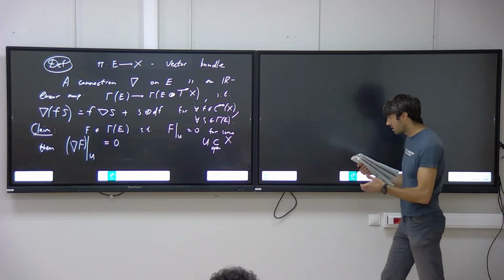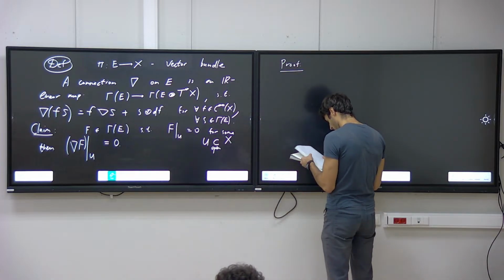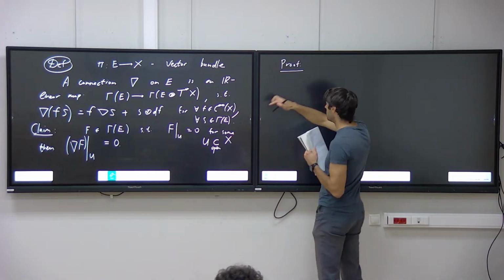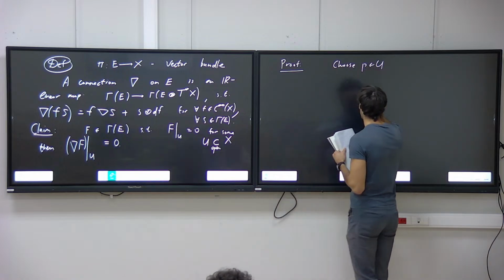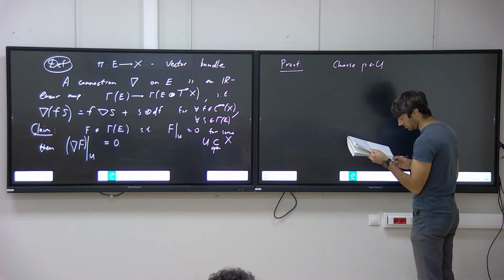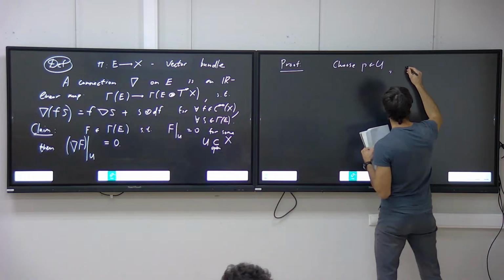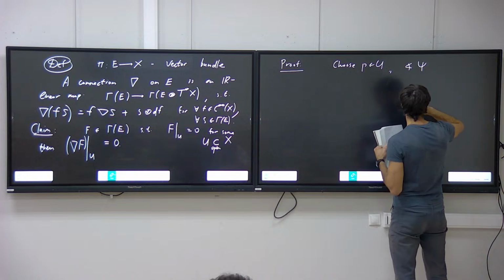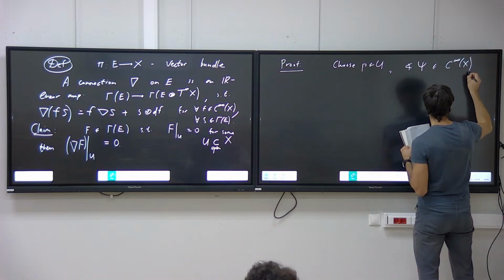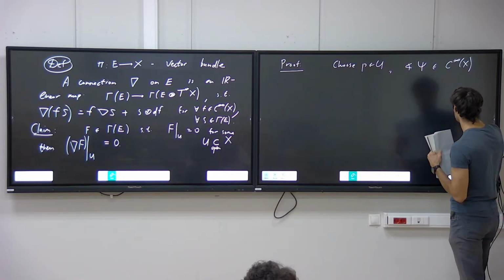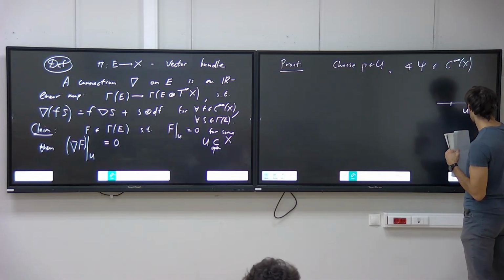Okay. Well, this is a really easy statement. If I take this U and choose a point P inside U, any point, then I would like to consider this function psi in C infinity of X. It looks like this: I have U, and I have P inside.